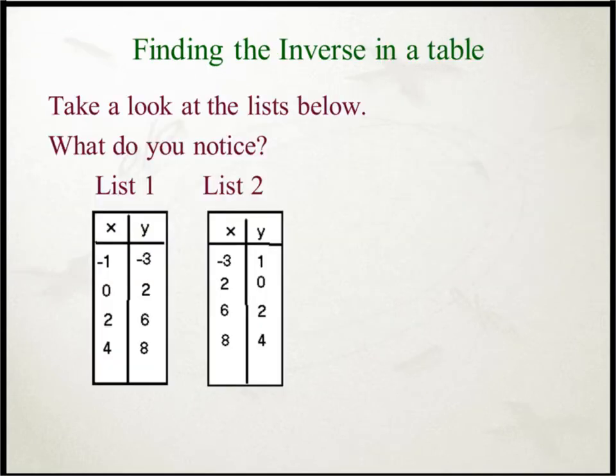So I want you to look at this table and think about what you notice. You may want to pause the video. But you should notice that list 1 and list 2 are basically opposites. So if list 1 were my f of x, then list 2 would be my inverse function, because the domain and the range are switched.